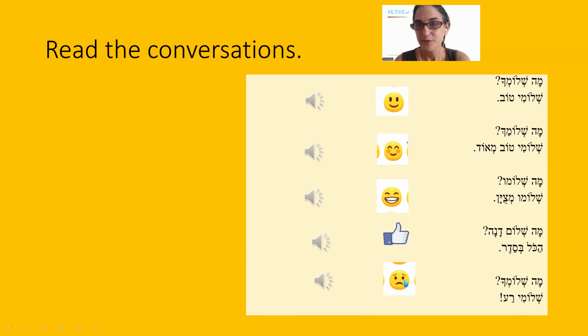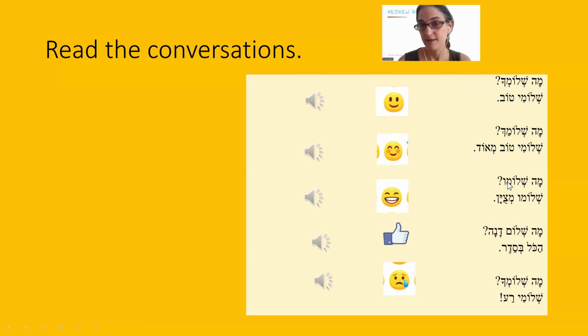Try to read with me. It's basically fairly the same vocab that we already used as מה שלומך, שלומי, טוב. מה שלומך, שלומי, טוב מאוד. מה שלמה?